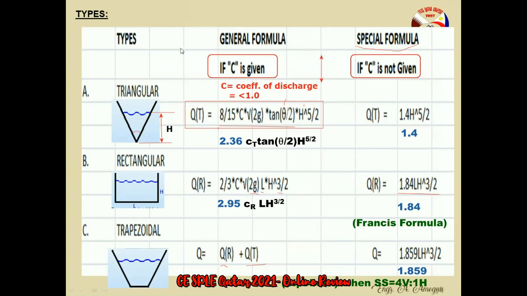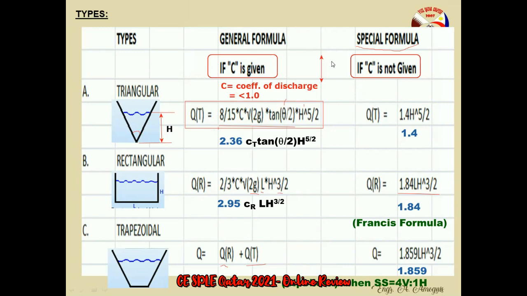Kung channel naman, yung spillway, normally neglected yung velocity of approach. Yung paglabas ng tubig ay smooth flow. Pwede siguro kung bagyo, mas mabilis yung flow, so may consideration of velocity of approach.